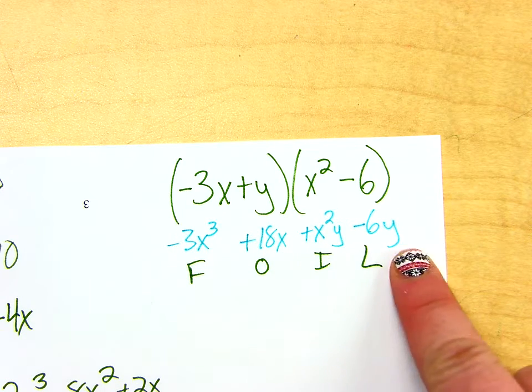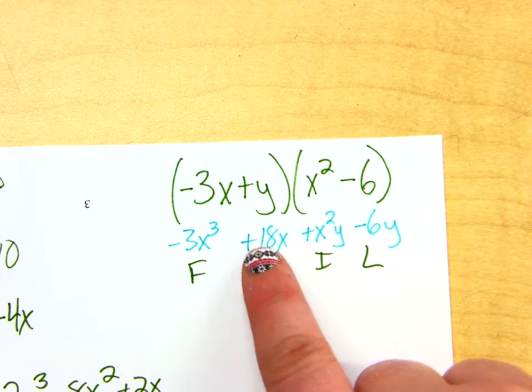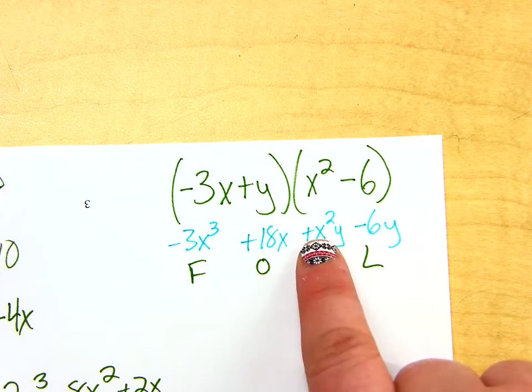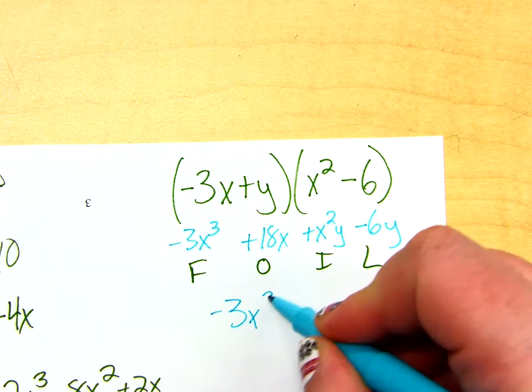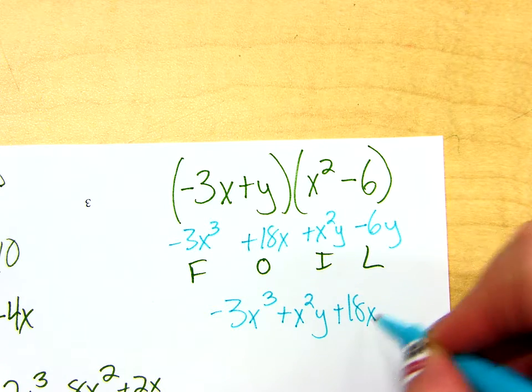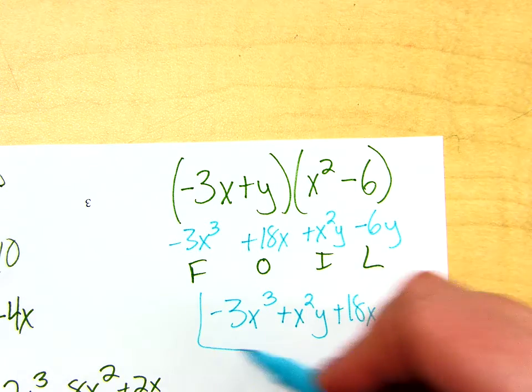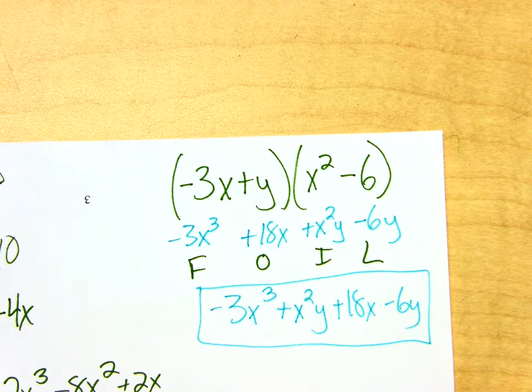No. What has to change? Yeah, those two middle ones have to switch if I want my final answer to be in standard form. So I should just quickly rewrite it. And there's my final answer in standard form. But I couldn't combine any because I didn't have like terms. Okay? So it does happen. It's just usually we can combine those middle two.